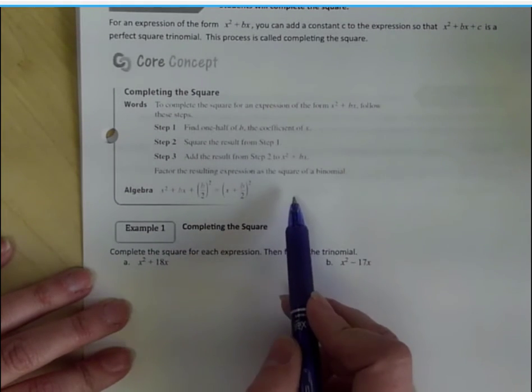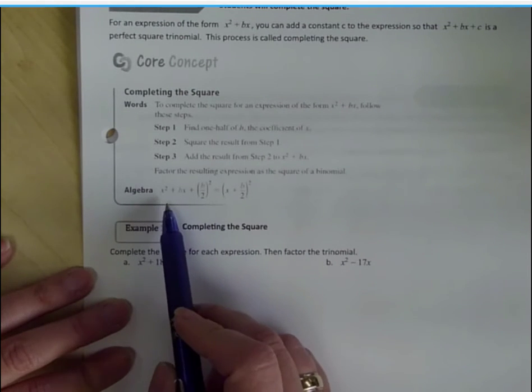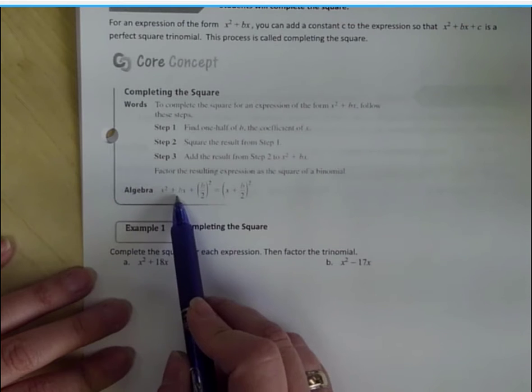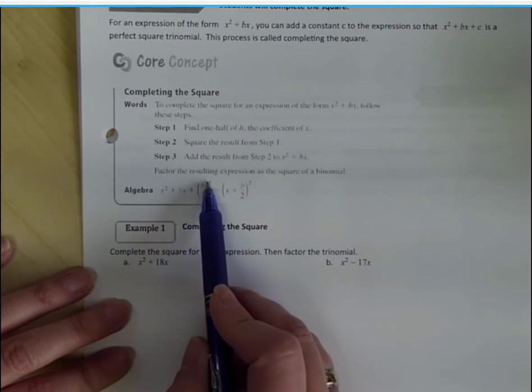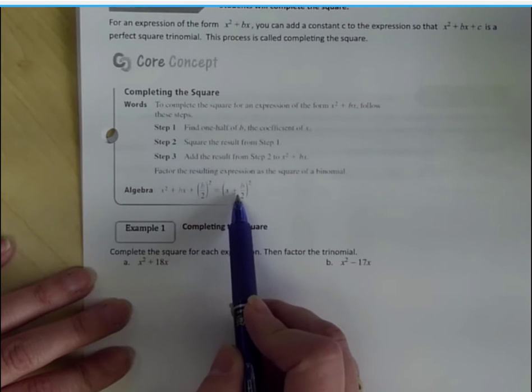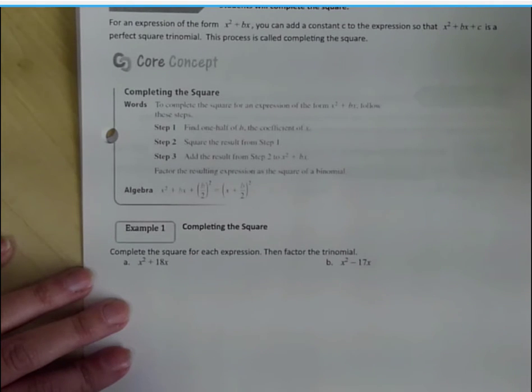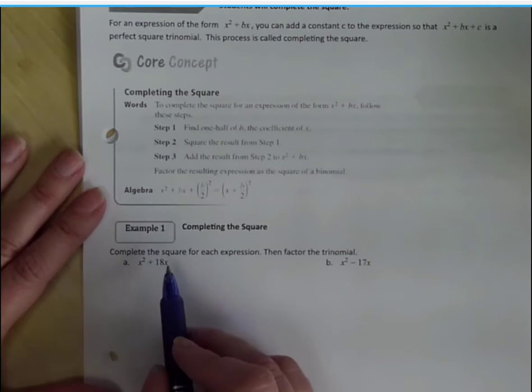Once we complete the square, we'll be able to factor. Algebraically speaking, if we have x squared plus bx plus half of b squared, we'll end up with x plus half of b, squared, as our factored trinomial. So let's take a look.